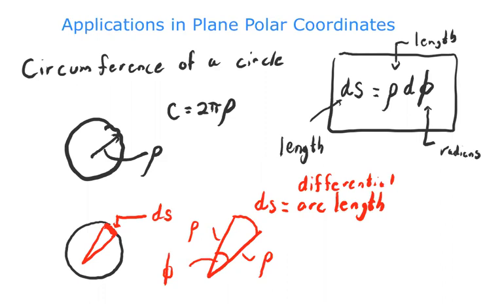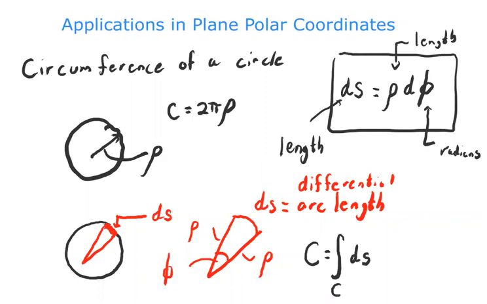Radians have no units. So I'm almost ready to solve this problem. If I want to find the circumference of this circle, what I should do is integrate the differential arc length, ds, over the entire circle.